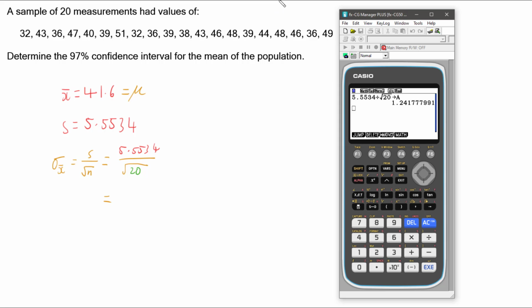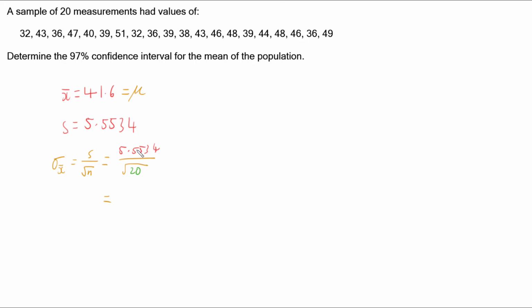So that gives us a standard deviation of 1.2417. So there's our standard deviation.